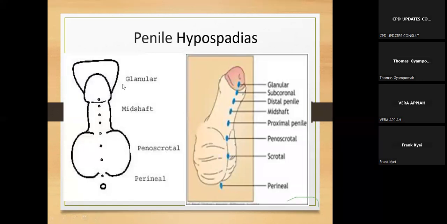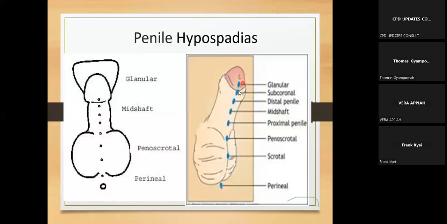Penile spread. So you see that normally, this is the tip of the penis, or the glans. So you expect that the normal urethra should open at the tip here.